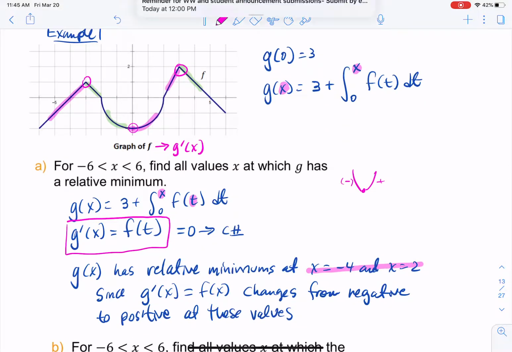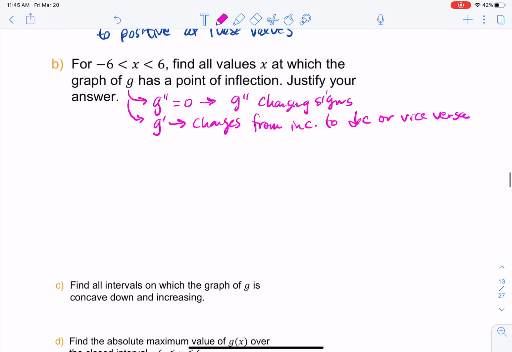And the way that I want to phrase it, again, is in terms of the first derivative, which is equal to the graph of f here, changing from increasing to decreasing or from decreasing to increasing. So at both -3 and +3, it's increasing to decreasing. I'm going to do these two separately.